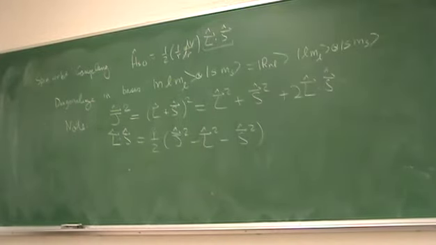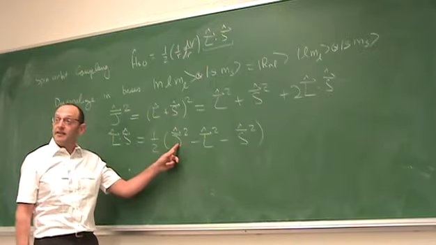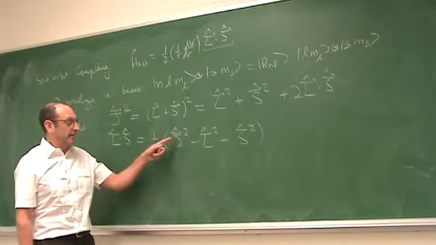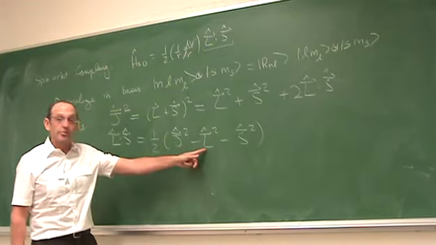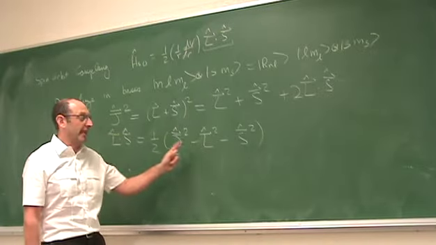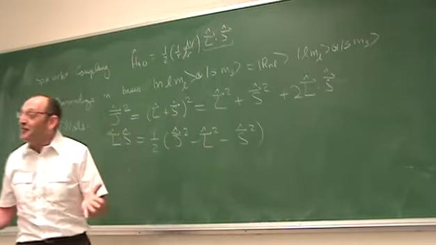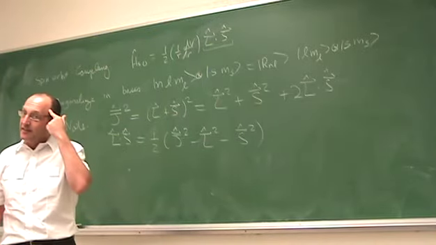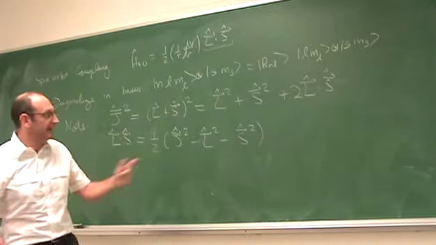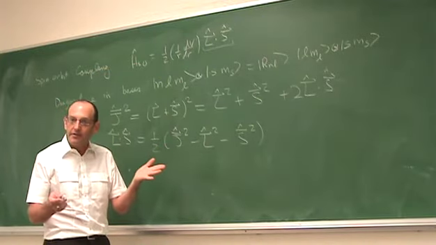So L dot S commutes with J squared, because J squared commutes with this, this, and that. It commutes with L squared because L squared commutes with that and with S squared. However, what about Jz? Yeah, Jz commutes with this, and that's a mutually commuting set of observables.